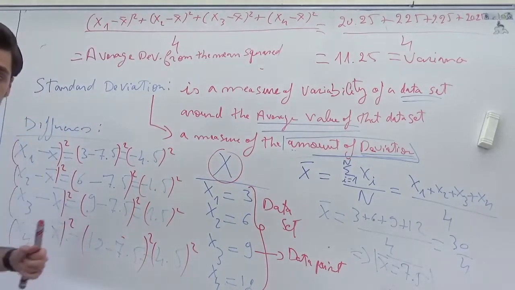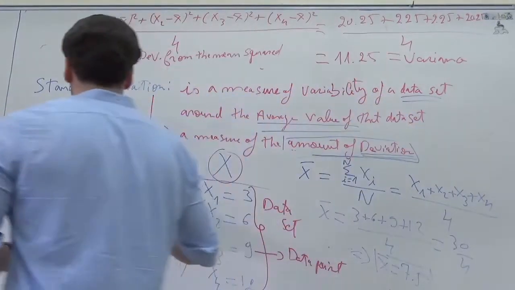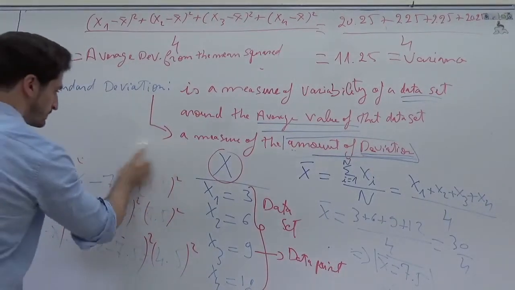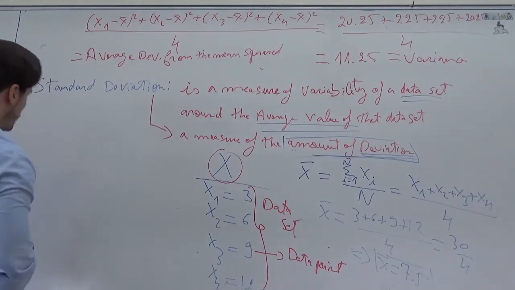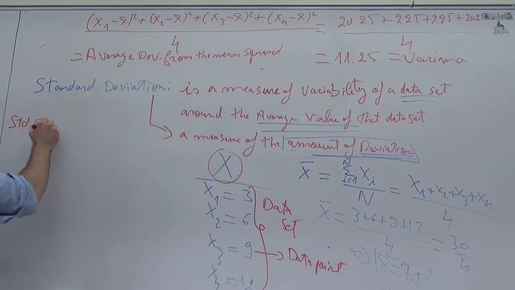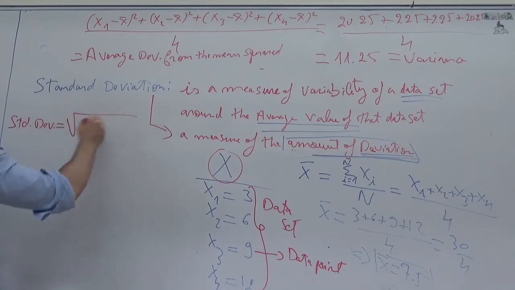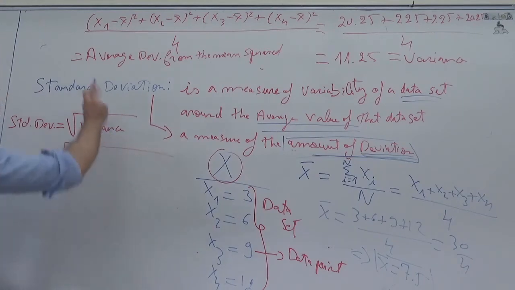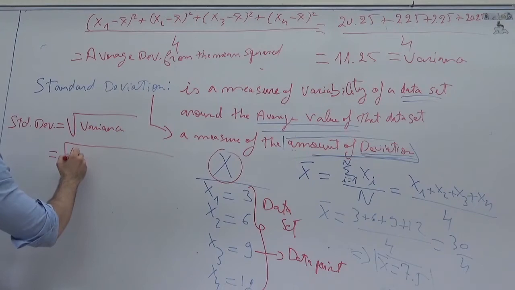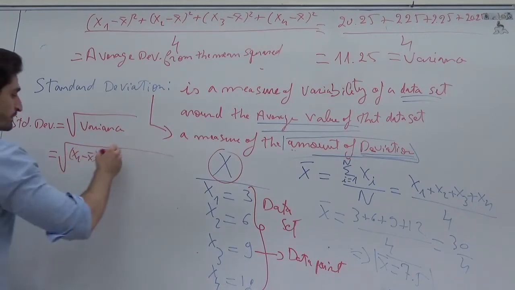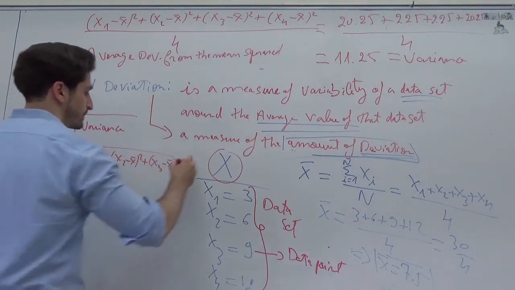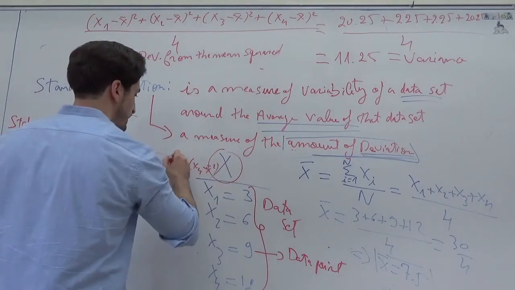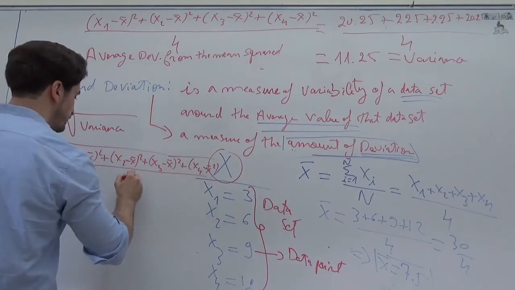So in that case, standard deviation is going to be equal to square root of the variance, which is going to be equal to square root of that equation above, (x1 minus x bar) squared plus (x2 minus x bar) squared plus (x3 minus x bar) squared plus (x4 minus x bar) squared divided by the total number of trials, which is 4.